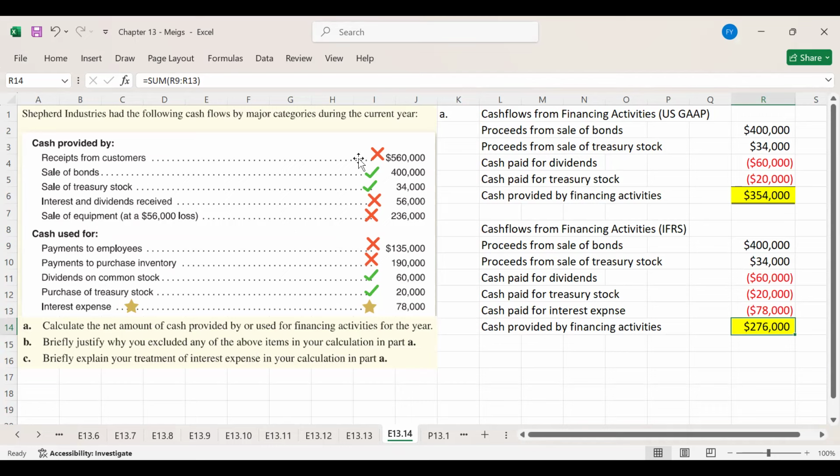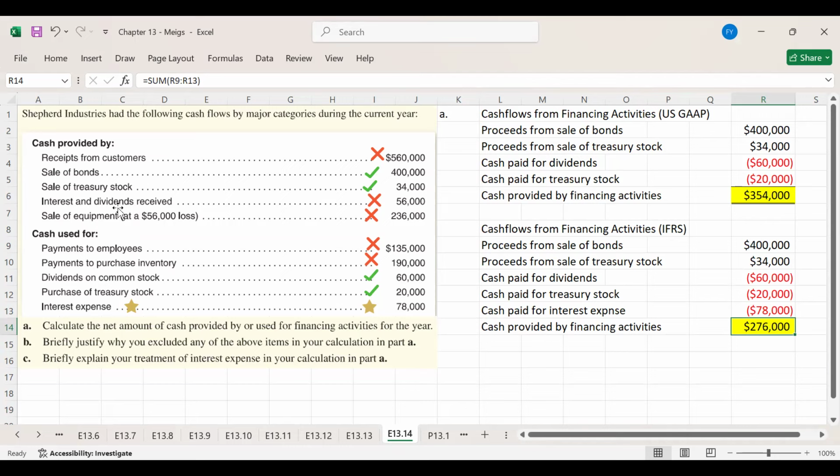In part A we have excluded receipts from customers, because these are cash flows from operating activities. Likewise, we have excluded interest and dividend received. Interest and dividend received are part of operating or investing activities. If we are following US GAAP, then cash received from interest and dividends are part of operating activities. Otherwise, it is part of investing activities.